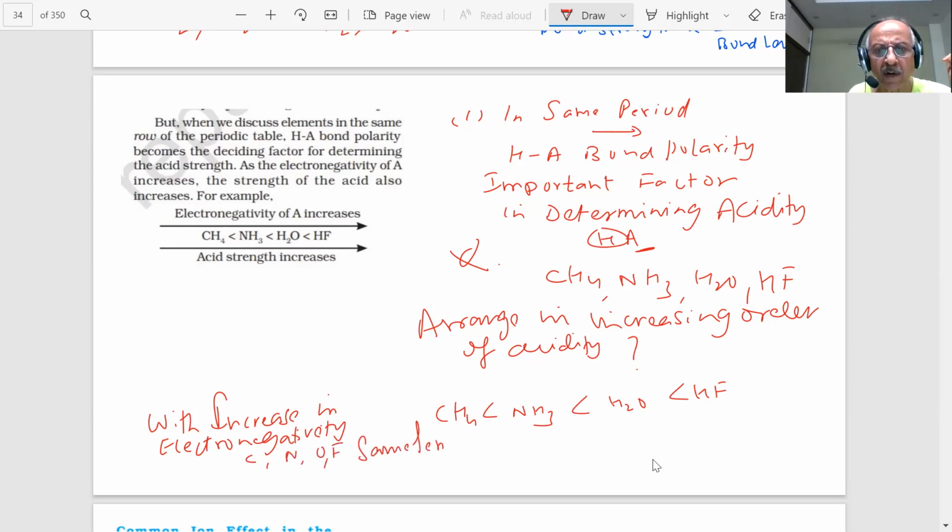Acidity increases. These are some of the ways where we are trying to explain and compare the acid strengths.